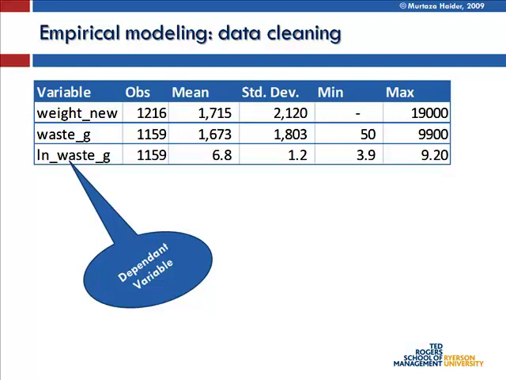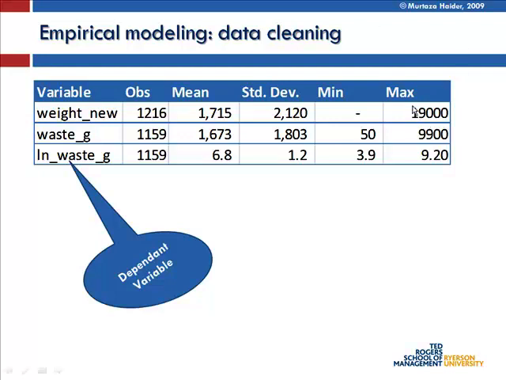In this slide, I'm showing you the same variable, the waste generated in grams per household per day. If you look at the minimum and maximum values, you see that in some instances the waste generated was zero. It could be that the household was not available, it could be that they had zero waste, it could be one or other things.